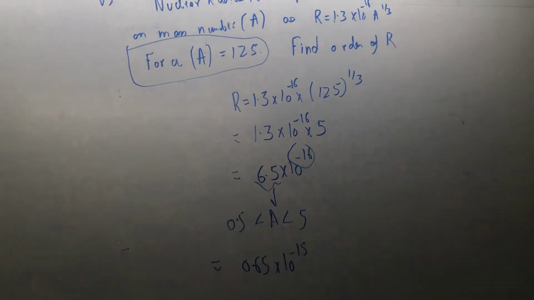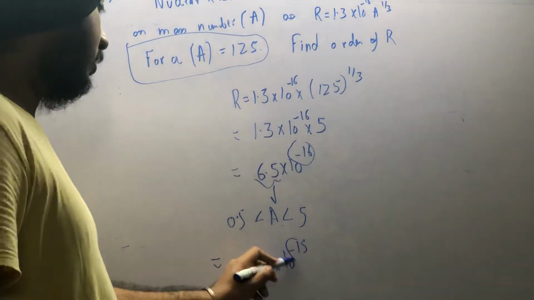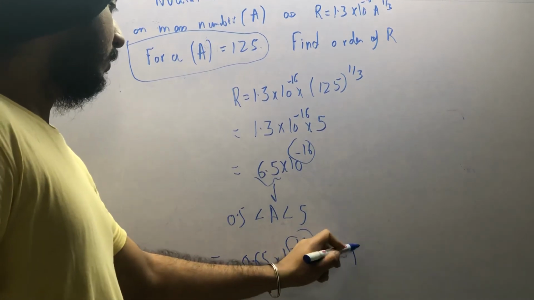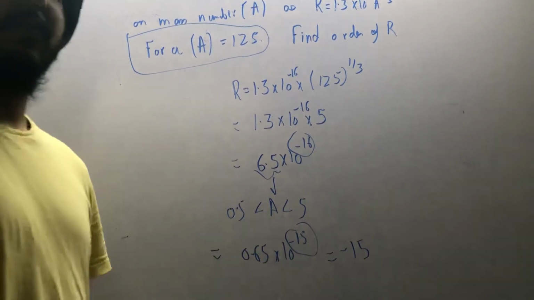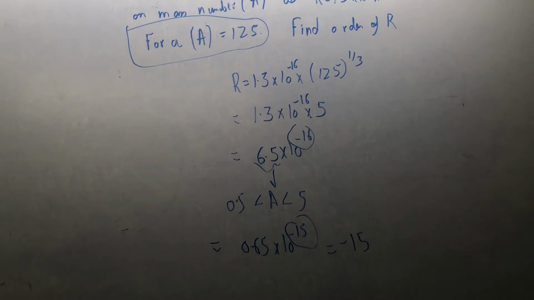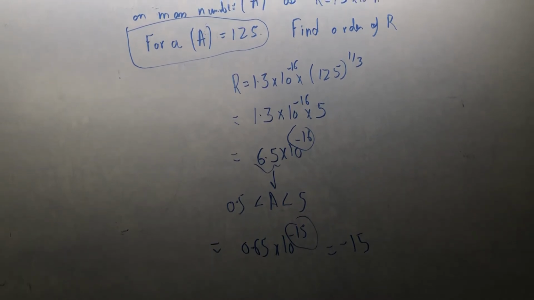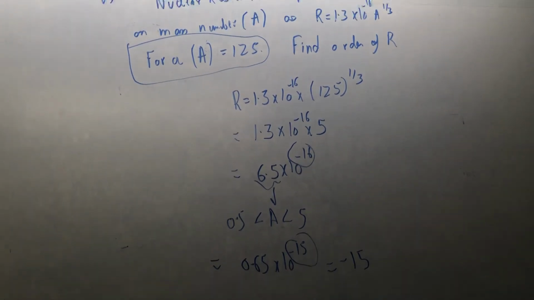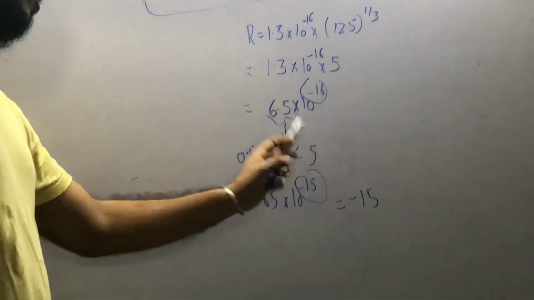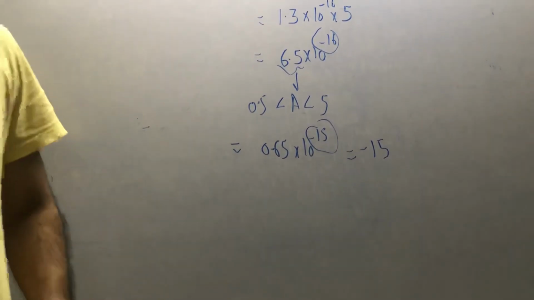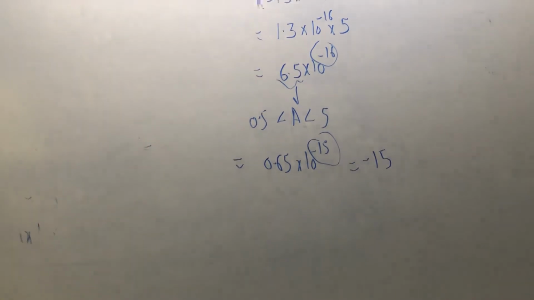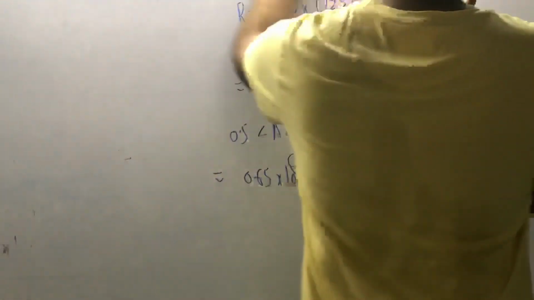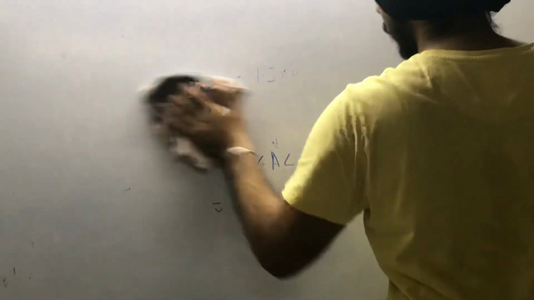So what is the order? Order is minus 15. This is the order. Okay, because this value of A always should lie in between 0.5 and 5. We have studied this in order of magnitude before. So this is this question. Let's go to the next question. These questions are pretty simple, order of magnitude ones.